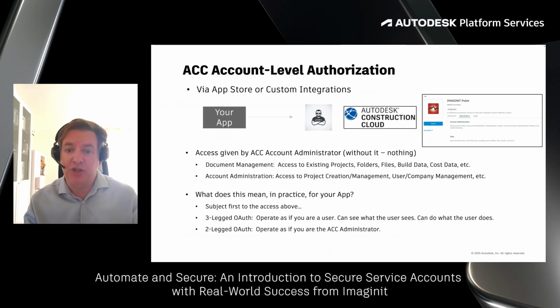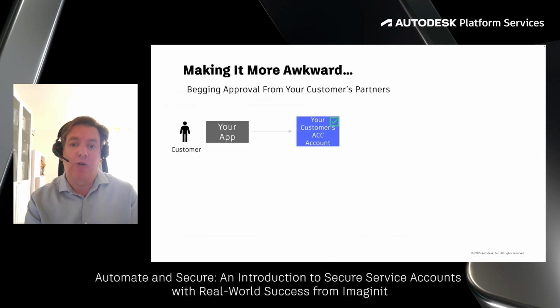You really are just limited to the document management option or the account administration option, but you have access to everything when you're operating as a two-legged OAuth inside of an ACC account, that kind of environment. So you really have a lot of power.